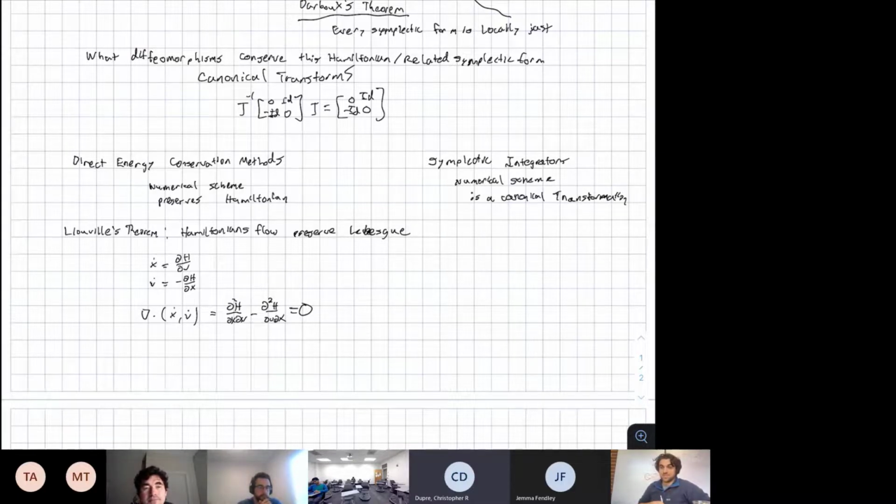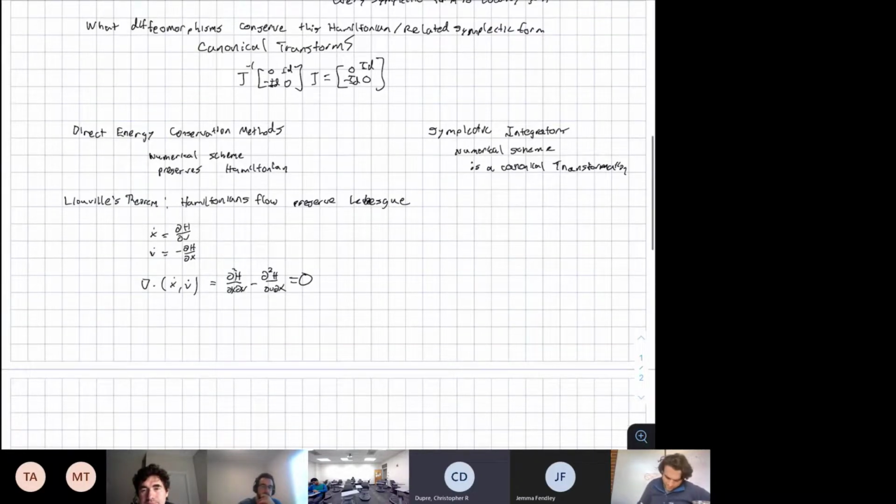Whereas symplectic integrators don't exactly conserve energy, but by conserving this symplectic form, you do exactly conserve Lebesgue measure, and so you end up getting quite a few more invariants that are related to the symplectic form, known as the Poincare invariants, for free. So it seems like if you want to conserve the energy, you would want to conserve the energy, but somehow this symplectic form is giving you something deeper about your problem.